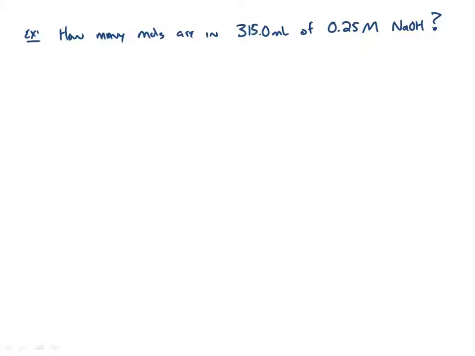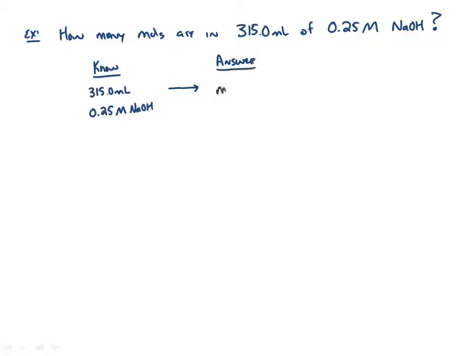I'm not going to draw a fancy picture for this. So let's take a look at what you know, which is you have 315.0 milliliters, and you know that it's 0.25 molar NaOH. And of course, what do we want to eventually convert that to?